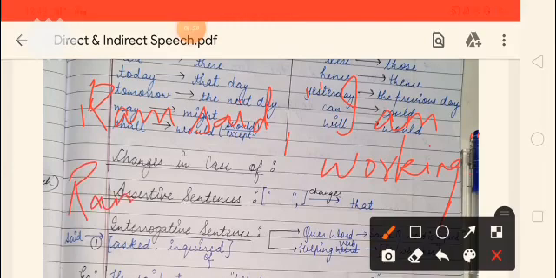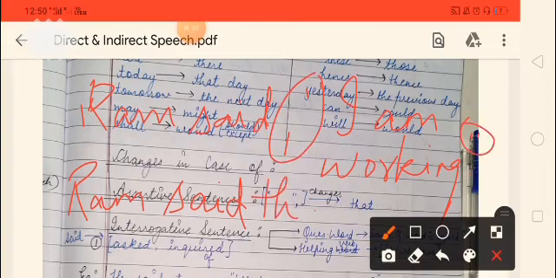Said remains said. And in place of comma and inverted comma we have to use "that". This is what I am trying to tell you, that in place of comma and inverted comma, "that" is used in case of assertive sentences. Means in indirect speech comma and inverted comma get removed and in that place "that" comes.